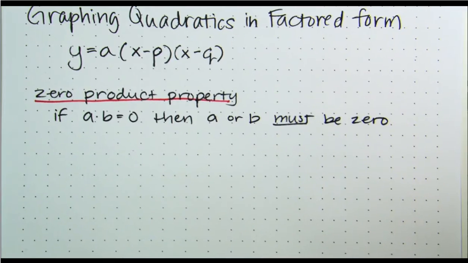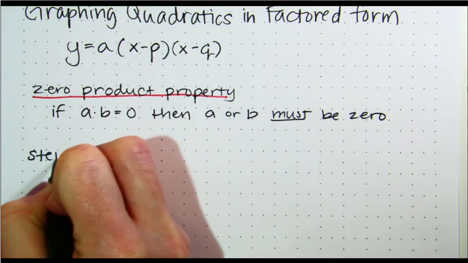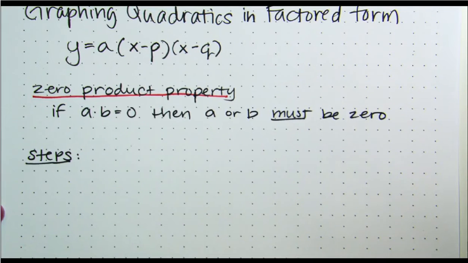So if you have two numbers multiplied and together they equal 0, one of those two numbers has to be 0. That's going to come in handy as we go through our steps for graphing.